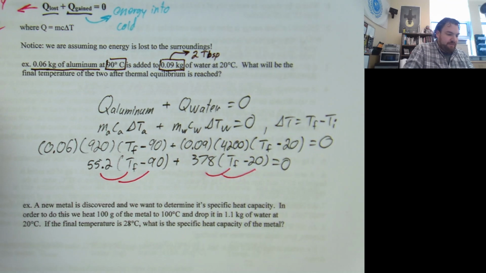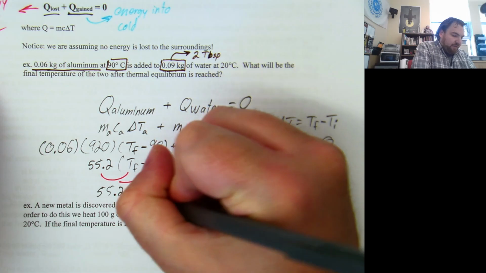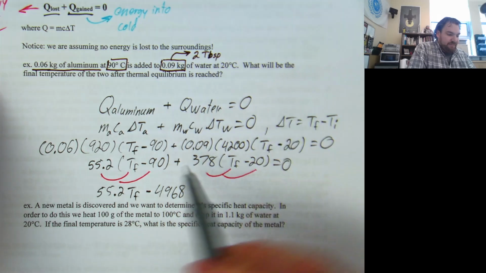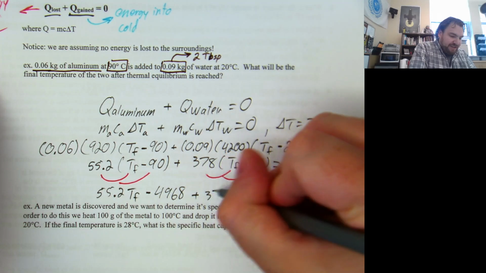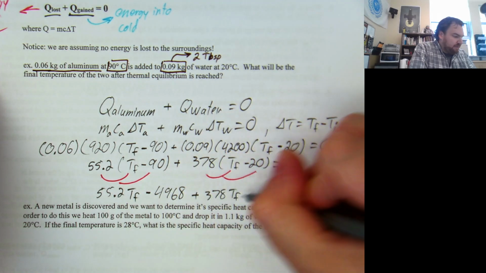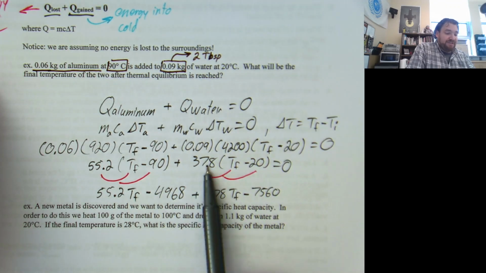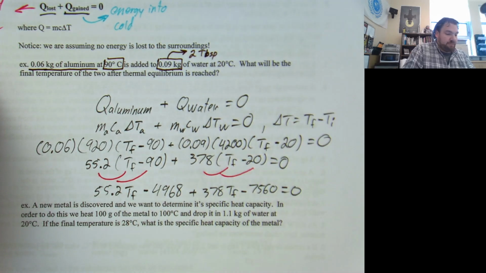You're going to get that 55.2 T final minus 4,968, 55.2 times 90, plus 378 T final minus 7,560, the 378 times 20, is going to equal 0.